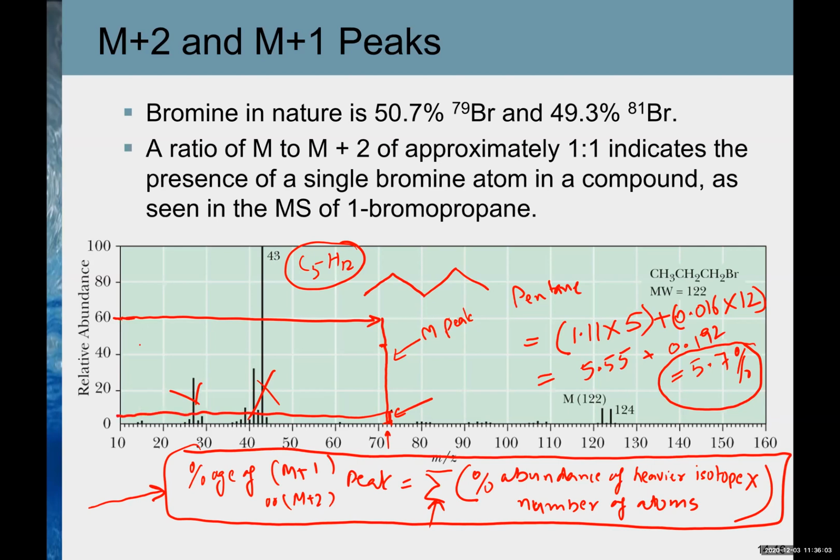My scale may not be as accurate, but you got the idea. The M plus 1 peak will appear 1 after. So if the M peak is at 72, the M plus 1 peak will be at 73, and if the height of M is 60, then the height of this will be 3.6, and that is how we calculated it.